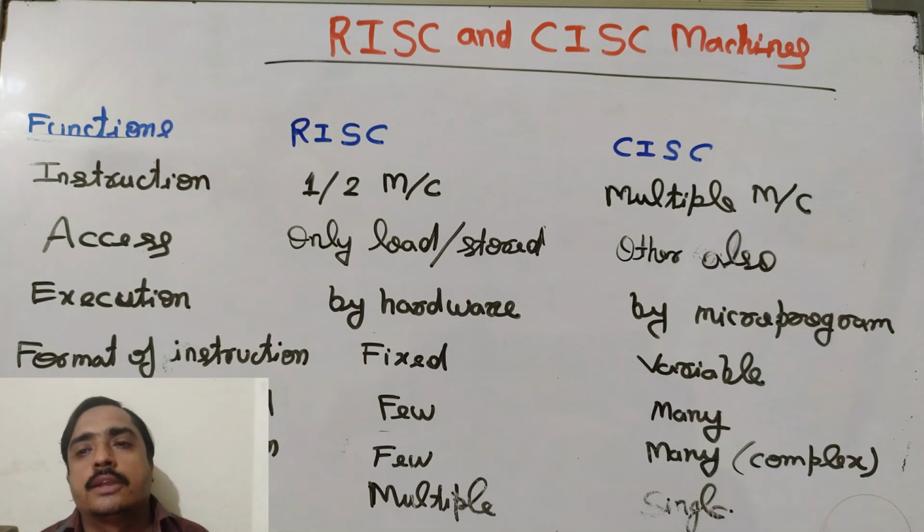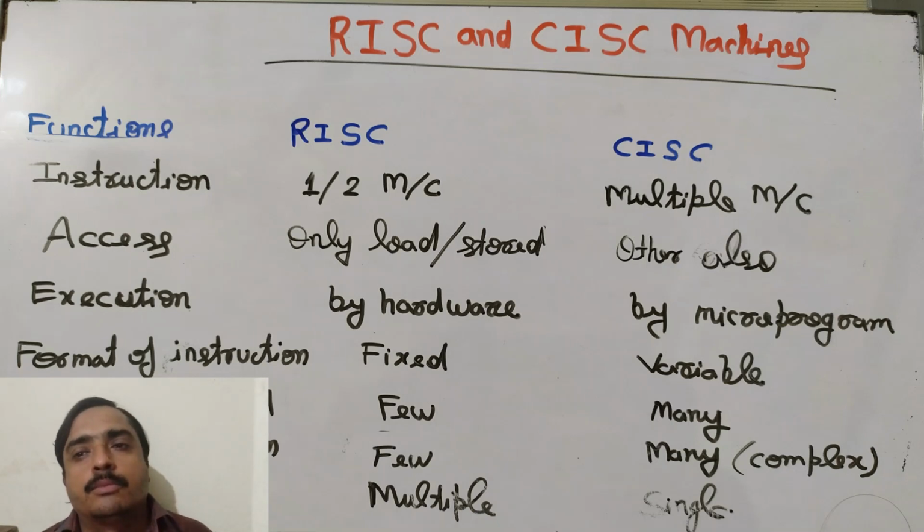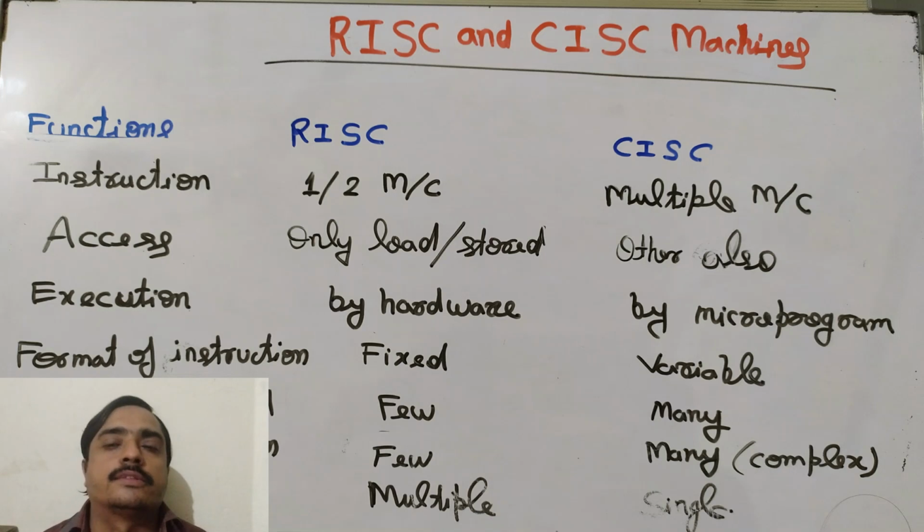You have learned in the 8051 microcontroller that a single instruction consumes at maximum 6 machine cycles and at minimum 2 machine cycles, depending on which type of instruction is being executed, whereas in RISC maximum 2 and minimum 1 machine cycle is consumed.